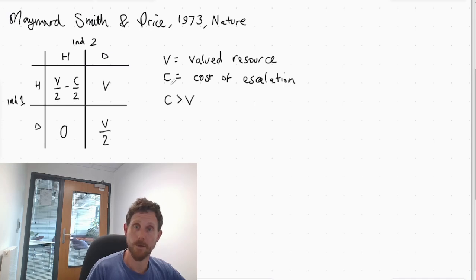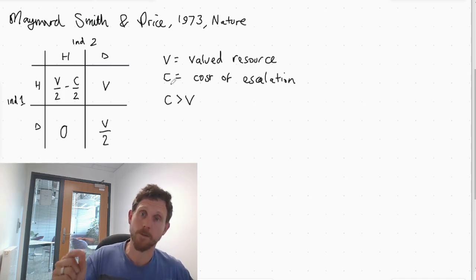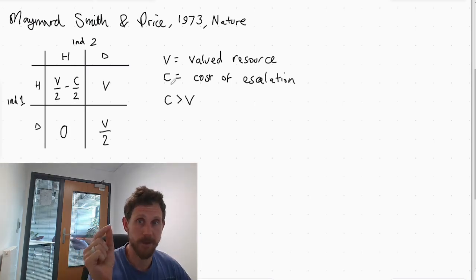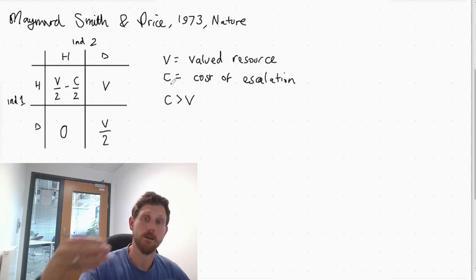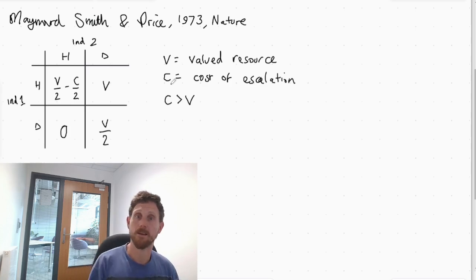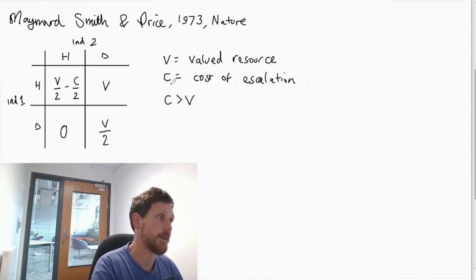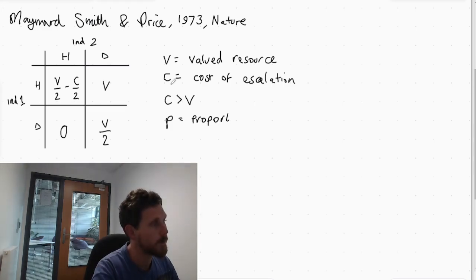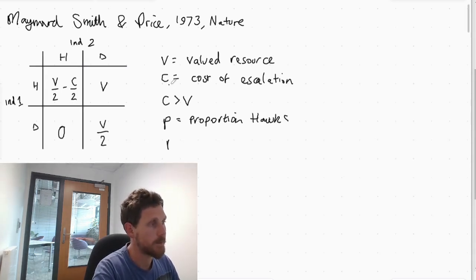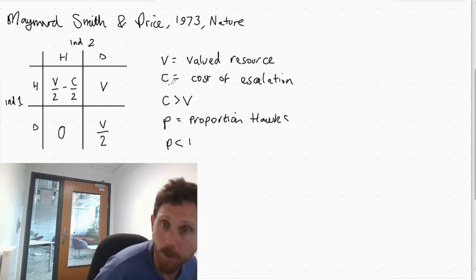You get V, and half of that. But then half the time you're going to pay this cost, which is greater than that value that you could have won. So you're going to get a negative payoff if you play another hawk. But if you're a dove in this population of 100% hawk, you're going to get 0, which is already looking better than a negative value. So in these cases where C is greater than V, then P, which is the proportion of hawks in the population, P will be less than 1.